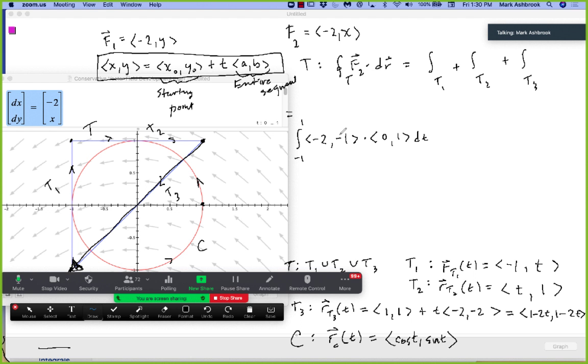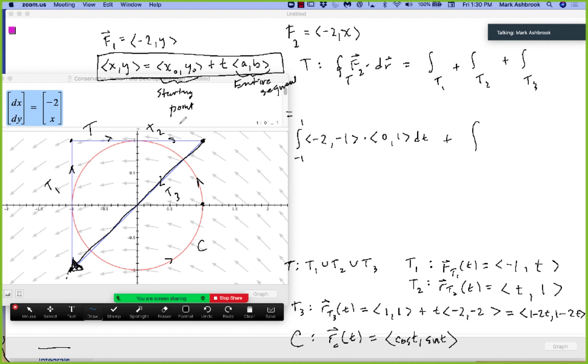Again, same path, negative 1 to 1. And then x also goes from negative 1 to 1 in T2 here. Negative 2 and x, which is t. dr is 1, 0. Okay, so there's our T1 line integral, and then the T2 line integral.